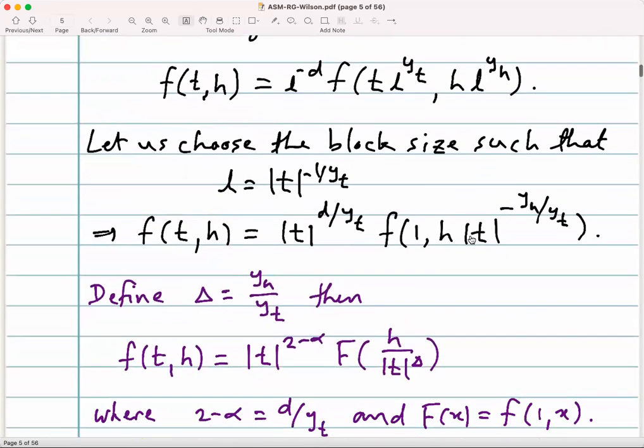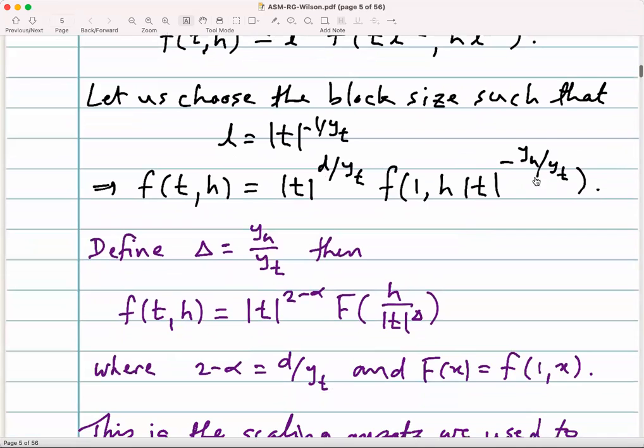We can then define yh by yt is equal to capital delta, and then stare at this expression and identify quantities that we know already. Namely, if you take the second derivative of the free energy, that is related to specific heat, and the specific heat exponent was alpha, so you can think of f as a double integral of the specific heat.